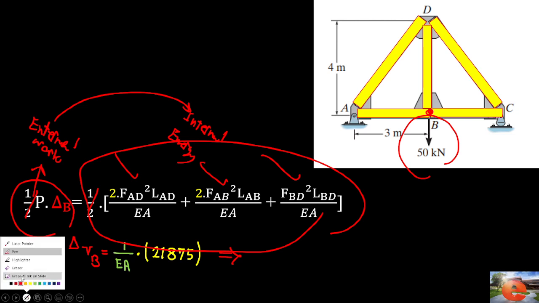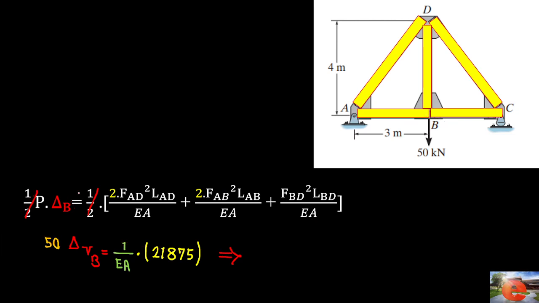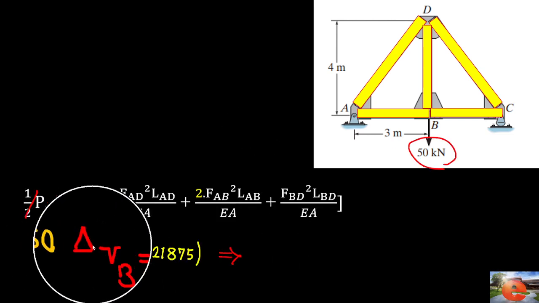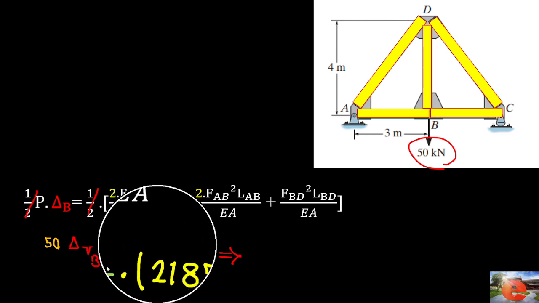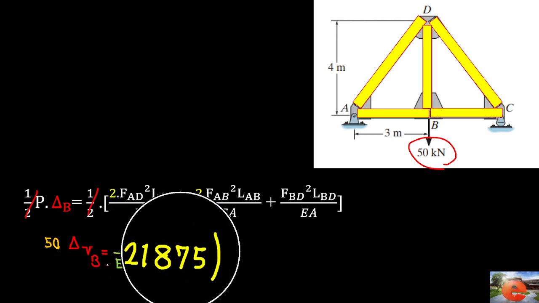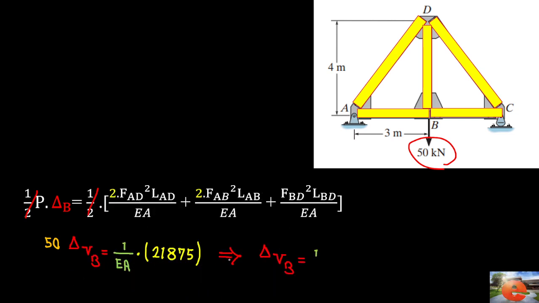So by having that, you can easily cancel out these two with each other. 50 times delta vertical at B is equal to 8 times 1875. It just says delta vertical is 1 over EI times 435.5. Thank you. We'll solve more.